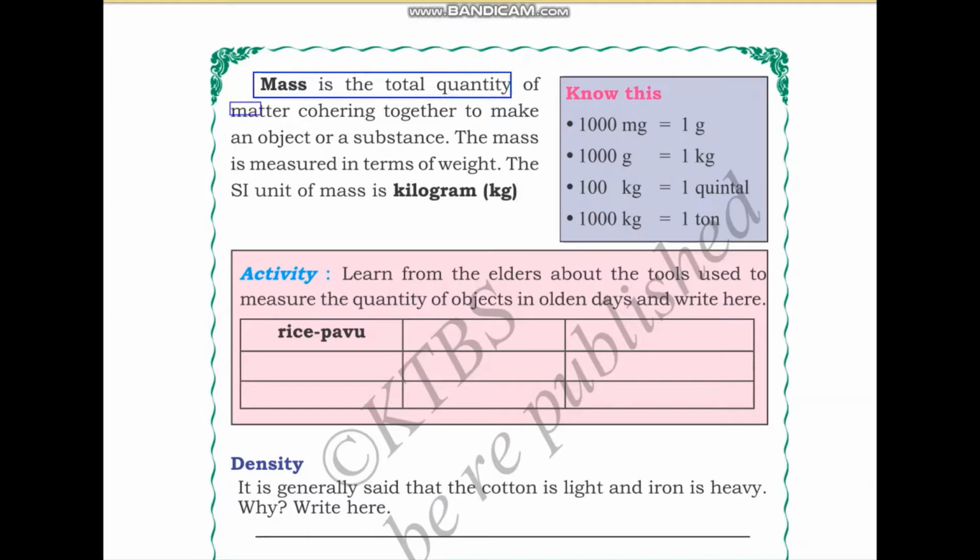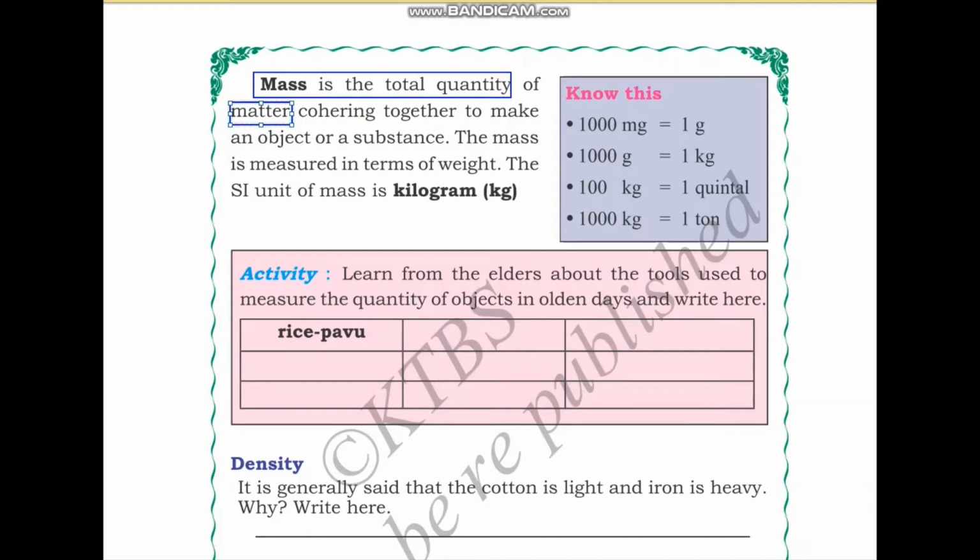Matter is another name for materials, like we learned. And mass is the total quantity of matter cohering together. Cohering together means existing together, sticking to one another. Mass is the total quantity of matter cohering together to make an object or a substance.